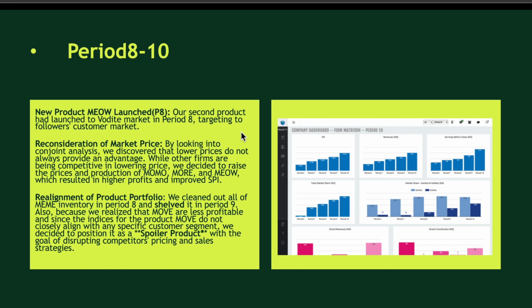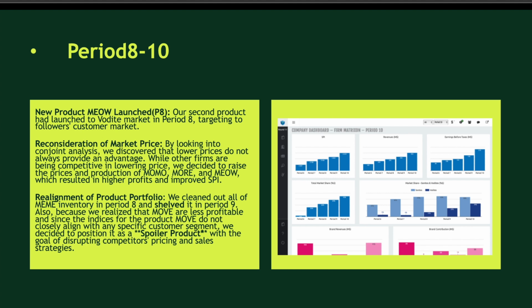For worldwide markets, although Mel was launched in period 8, which was rather late compared to other products in the market, its brand awareness and purchase intention initially lagged behind competitors.